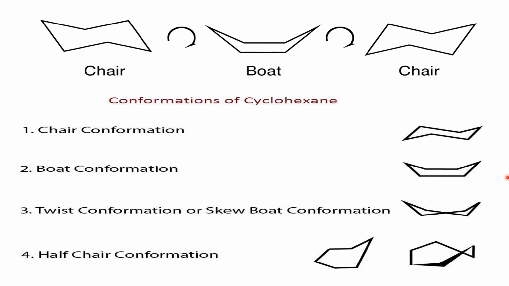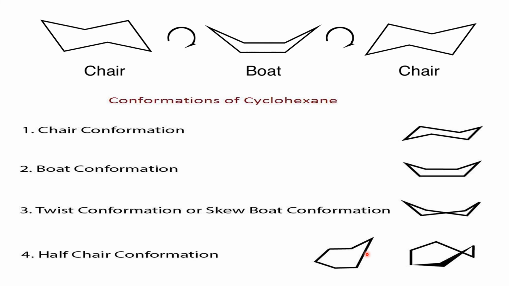Some of the important conformations that we meet during the transformation of boat to chair or vice versa are the twist or skew boat conformation and the half chair conformation. Apart from these, a very large number of other conformations are possible, but they are less stable compared to the boat and chair conformations.